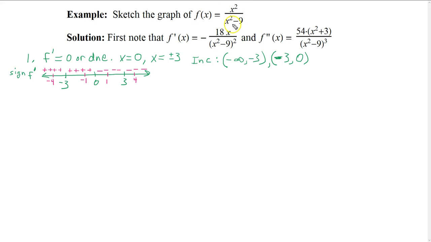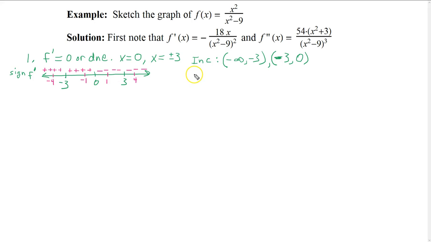If we put -3 in for x, we get 9 divided by 0. -3 squared is 9 minus 9, that'll be 0. So we're actually going to have a vertical asymptote at -3, so we should not say we're increasing across a vertical asymptote. That's why we left the increasing interval broken up as two separate intervals instead of just saying -∞ all the way up to 0.